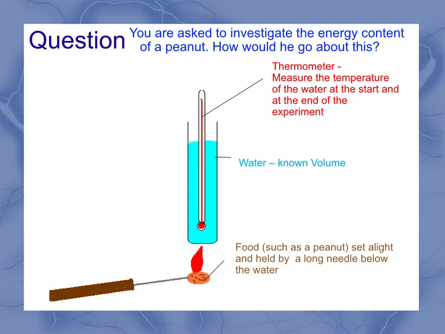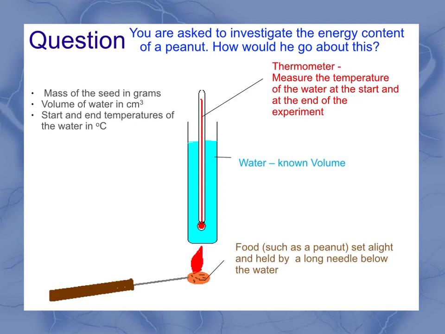So this simple apparatus here is a calorimeter, and it's used to find the change in temperature of the water when a peanut is completely burnt. Now, before you start the experiment, it's important to know the mass of the seed or the peanut in grams, the volume of water in cubic centimeters, and the start and end temperatures of the water in degrees Celsius.